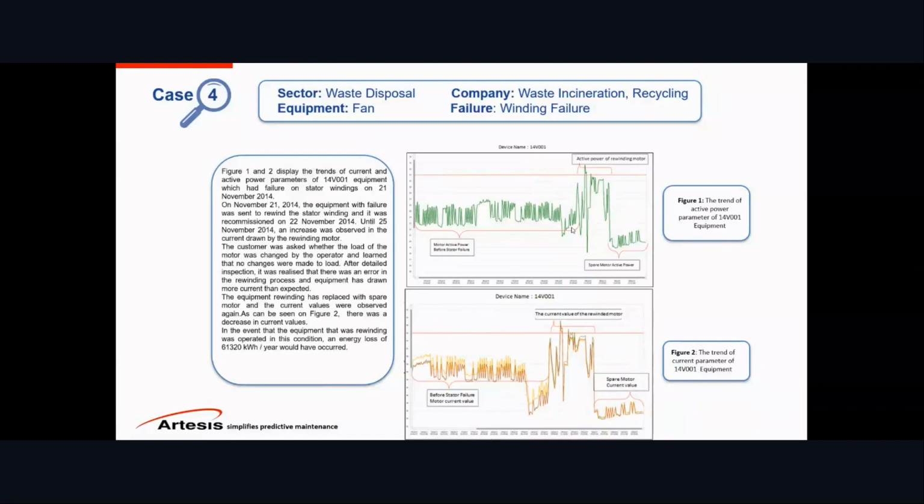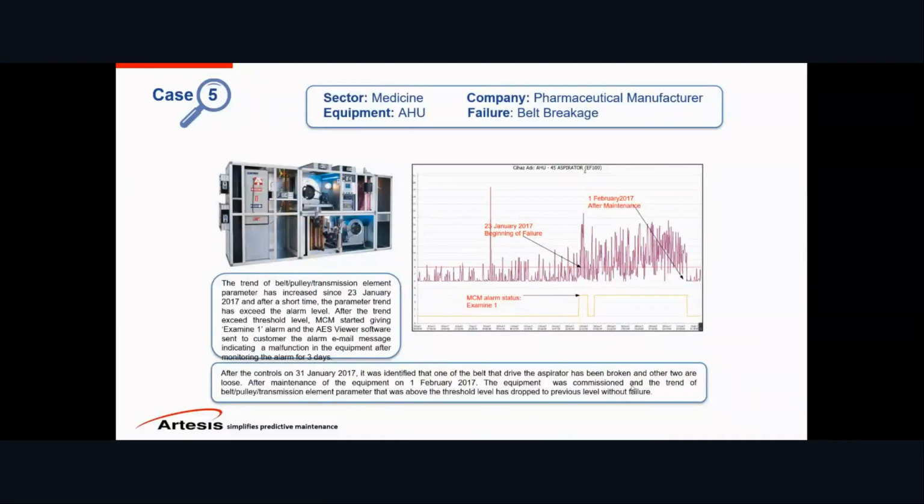We gave them the recommendation to check the windings again, and then they sent the motor back for another rewinding. This time it was correctly implemented, and the motor's active power and current values went back to normal levels. So this was kind of a double check of whether the maintenance action was done properly or not, which it wasn't in this case, but we were able to detect that, and then they rewound the motor again, and it was back to normal.